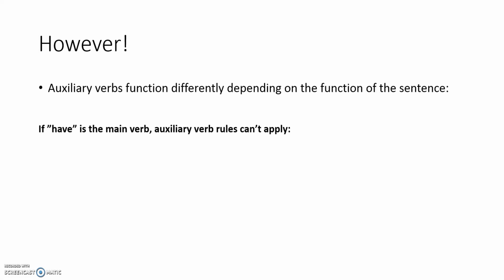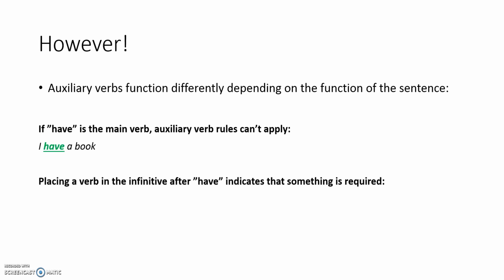However, auxiliary verbs can work differently depending on the sentence. If have is the main verb, auxiliary verb rules can't apply. Like in this example, I have a book. There is only one verb, and thus have cannot work like an auxiliary verb.